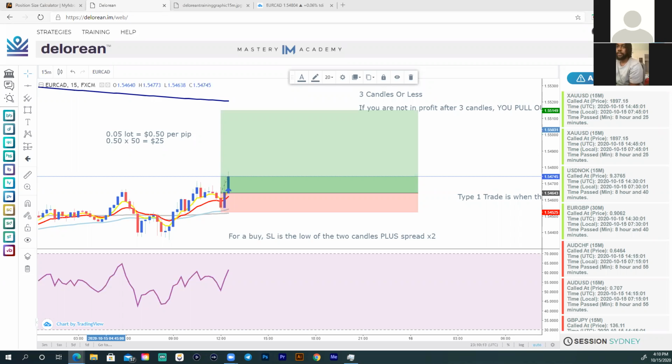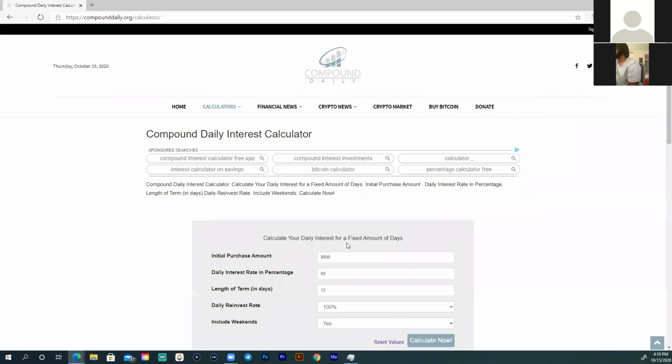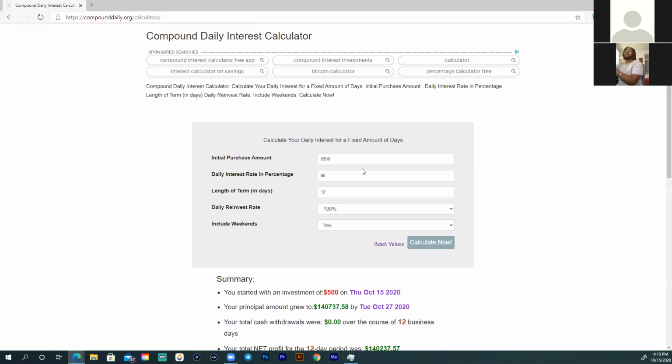Boom, this is perfect. All right. Say you have $500 in your account. I'm actually going to do it this way. You risk 1%, and you're looking to make 5% a day.